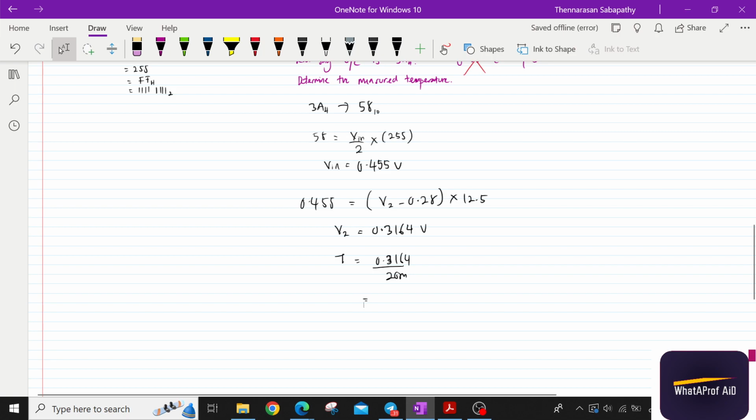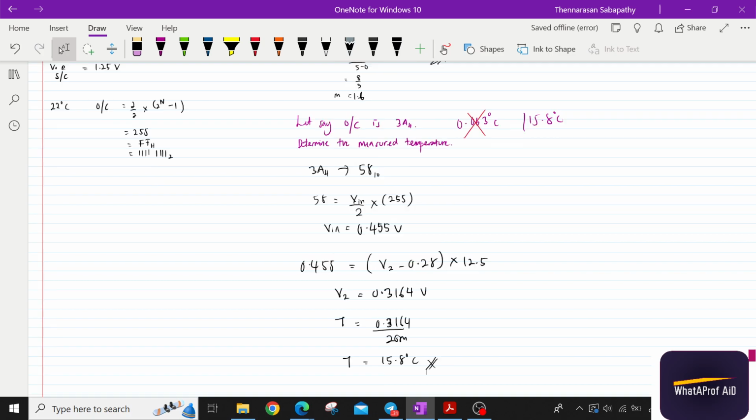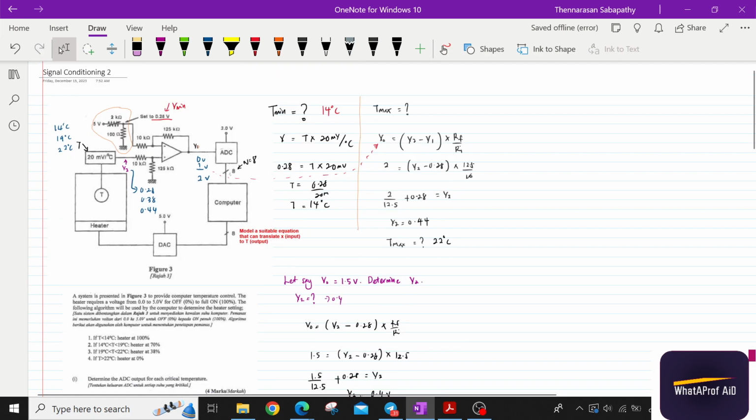They still take the wrong values. Sometimes they stop here. Sometimes they take this value and directly try to find the temperature from it, so you'll get a wrong answer. So do it carefully, in a very systematic way.